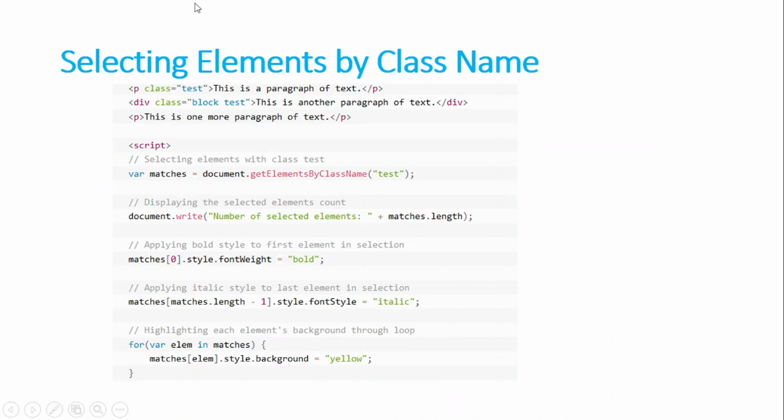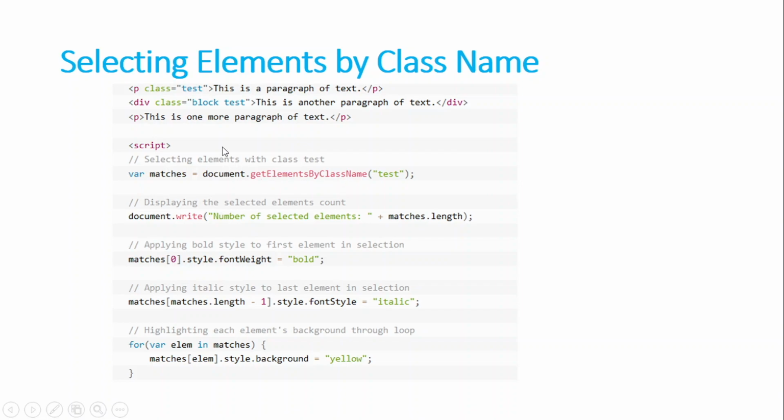You can see we have these two elements, the first one is this p tag, the second one is this div tag, both of them having a test class. Now if I want to select this p tag or this div tag, I can easily select them by using getElementsByClassName.